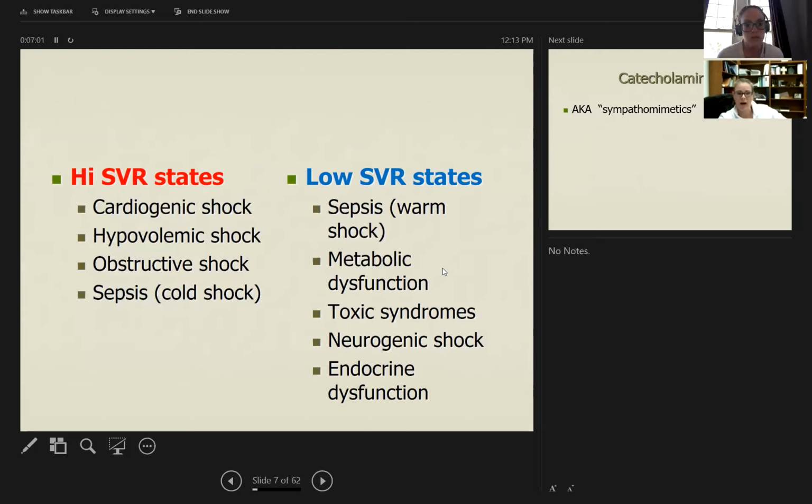This is where you've got the peripheral vascular bed clamping down, raising systemic vascular pressure and resistance in order to shift blood flow to the more crucial vascular beds. Versus low systemic vascular resistance states like warm or vasodilatory septic shock, profound metabolic dysfunction, multiple toxidromes, neurogenic shock, and a variety of endocrine dysfunction.